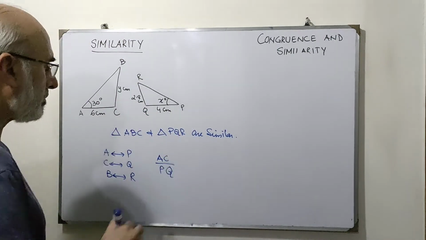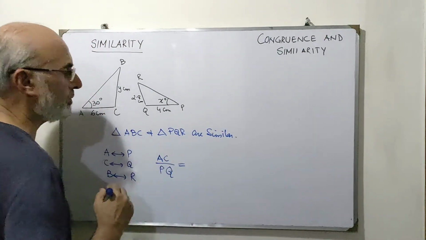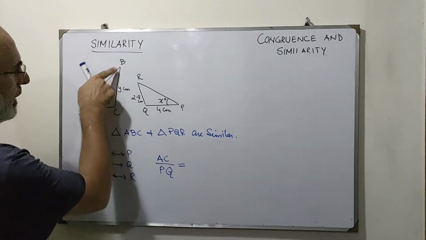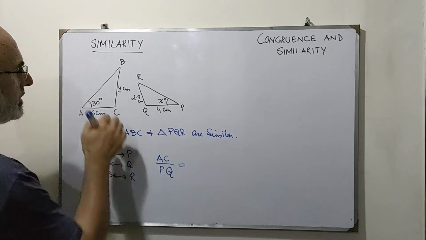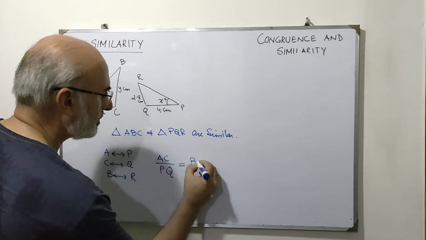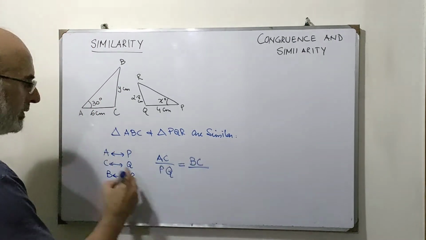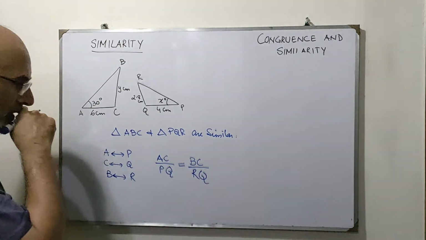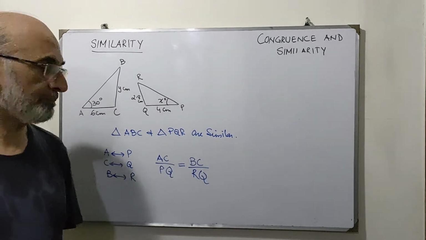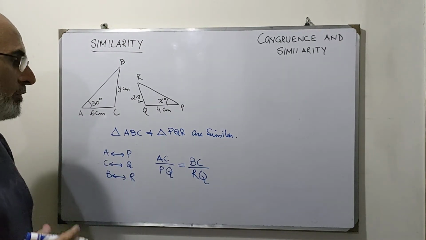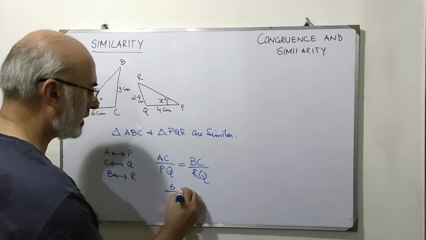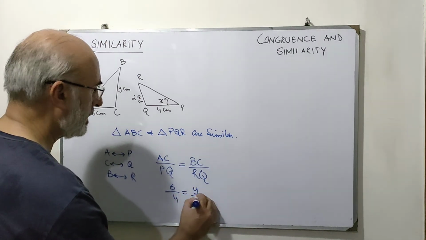I'm going to take BC over RQ, because I am interested in this side. So 6/4 is equal to Y over 2.8.